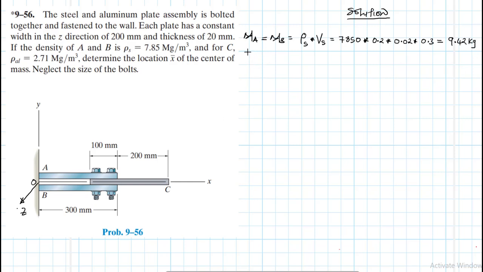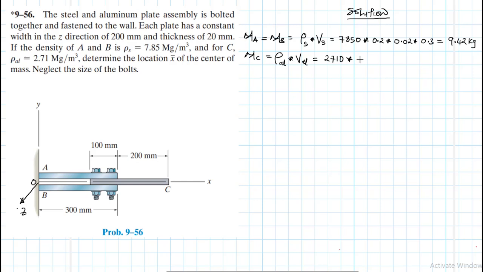Okay, let's find the mass of C. The mass of C is equal to the density of aluminium times the volume of aluminium, which is equal to, converting the density into kgs per cubic meters, 2,710, times the volume.